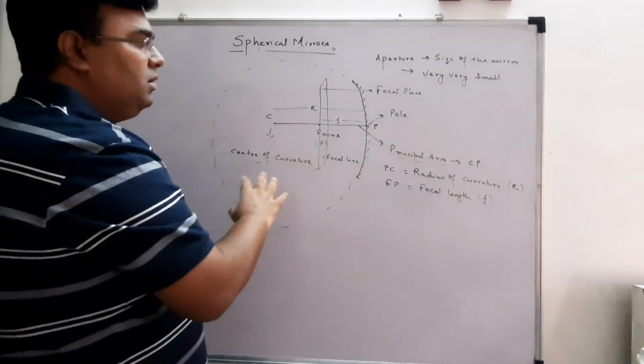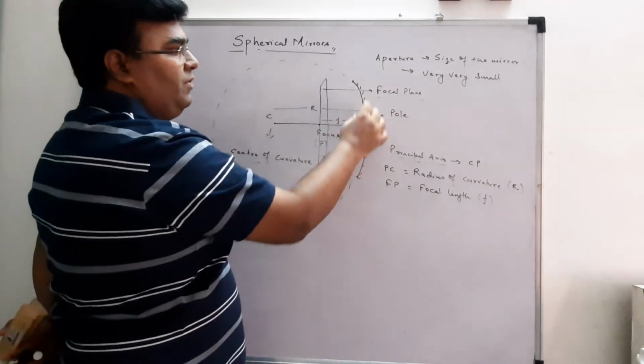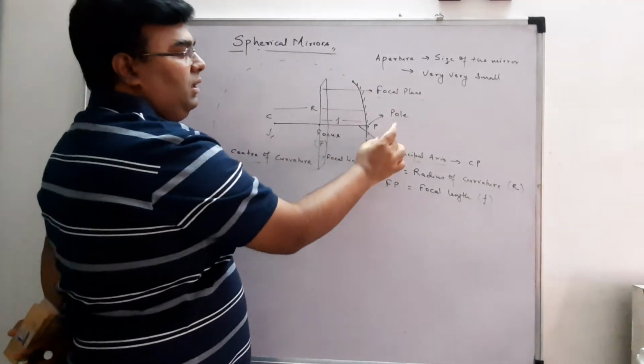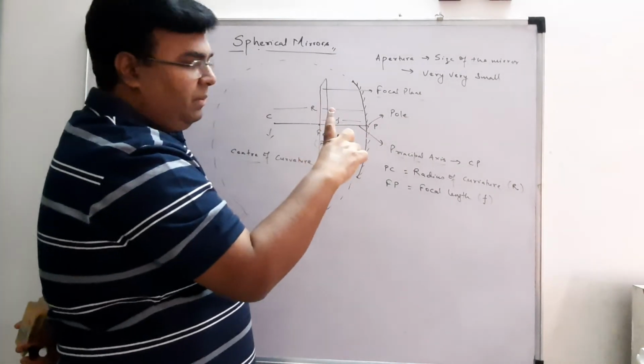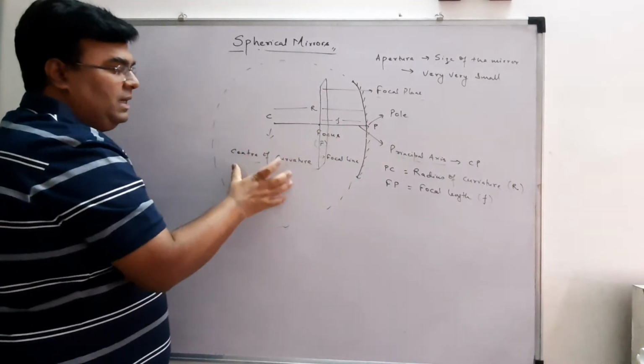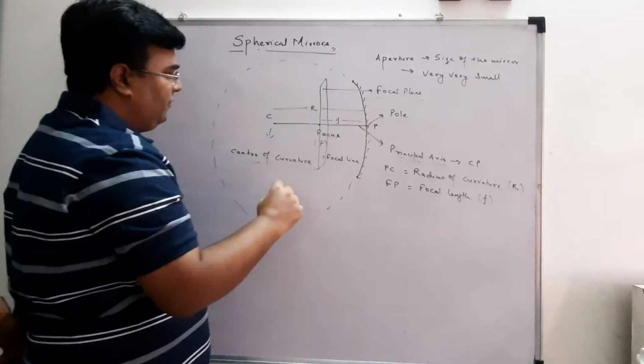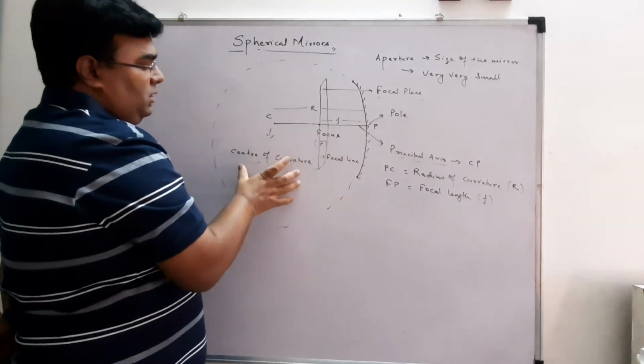These are the terms. What have we learned? The aperture of the mirror, which is very small normally. Then the midpoint of the mirror is the pole. Then the center of the sphere is called the center of curvature.